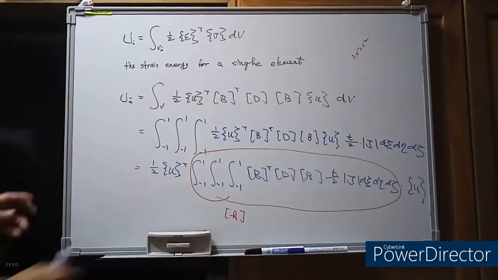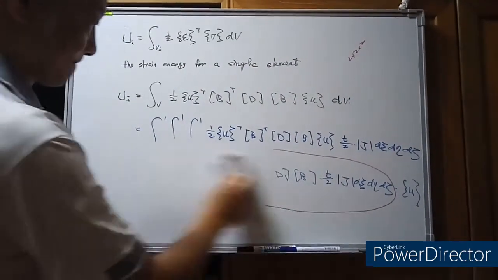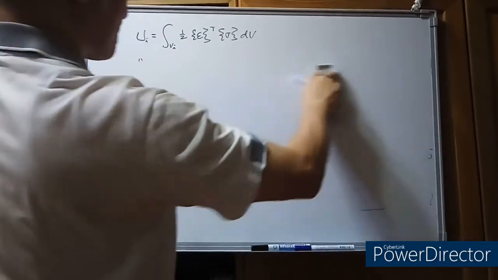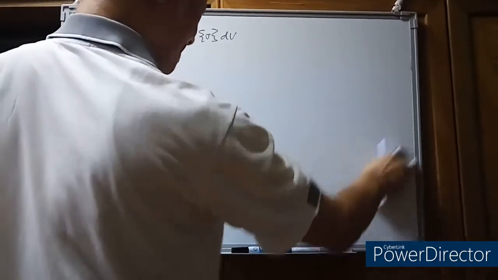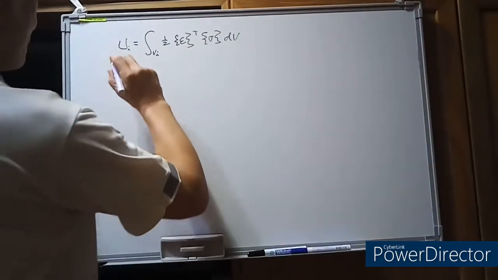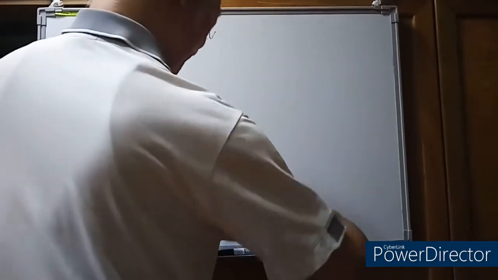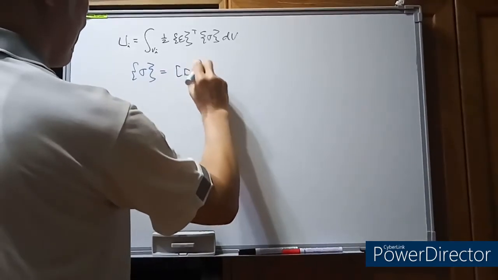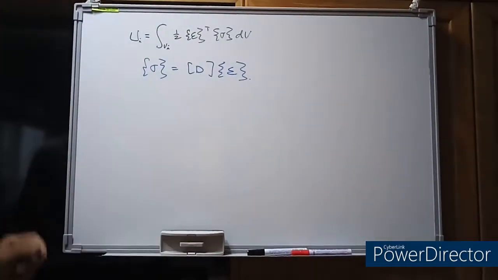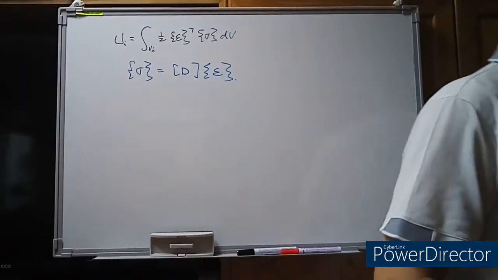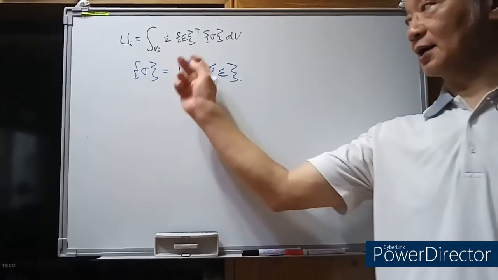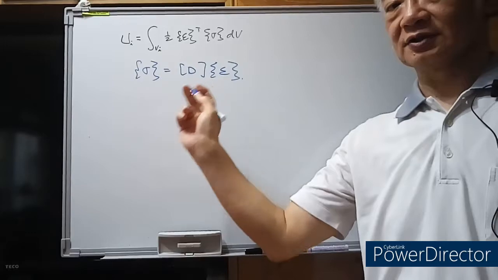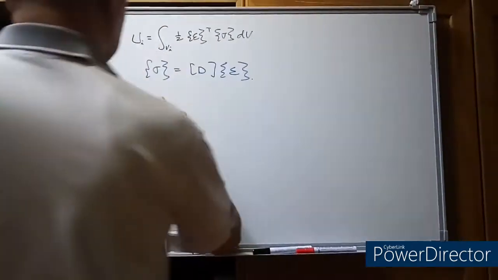Okay, copy this one. The stress vector sigma can be calculated by multiplying the D matrix by the strain vector. And we have 6 terms.